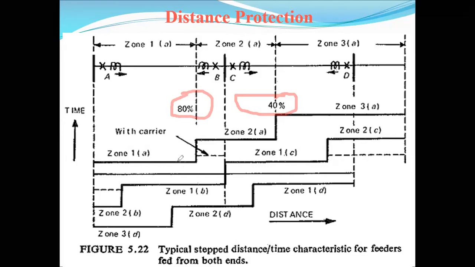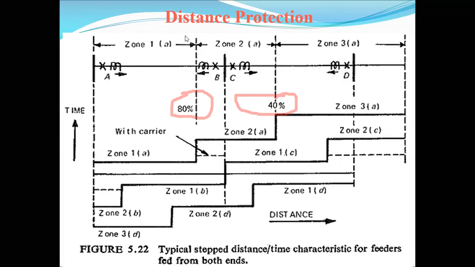That's why in the previous stage we are using zone 1A, zone 1B, zone 1C, zone 2B, zone 2C. The 80% of the protection is given by the zone 1 type of protection. 80% of the present feeder system is protected by the zone 1 relay coil only.